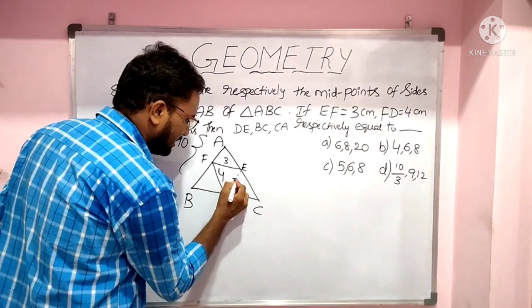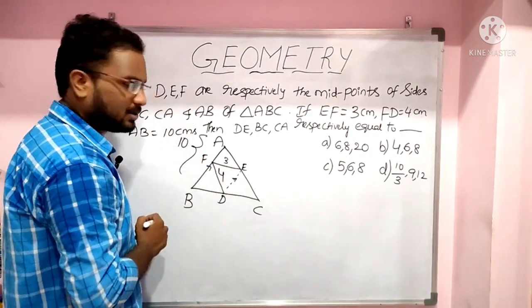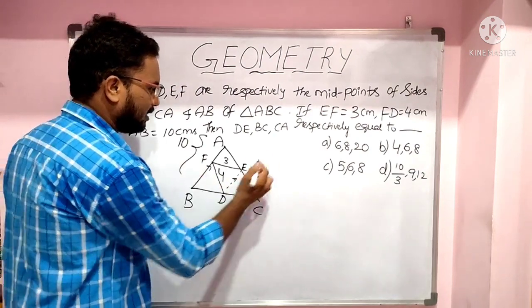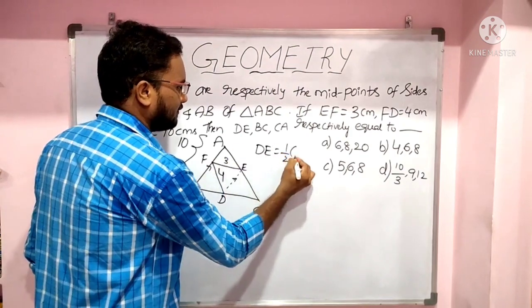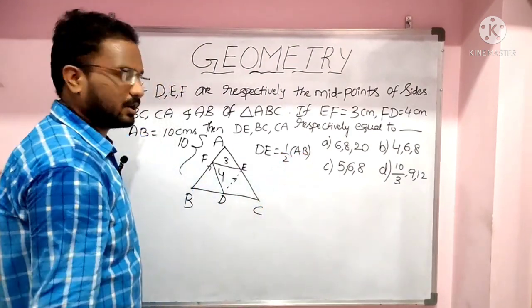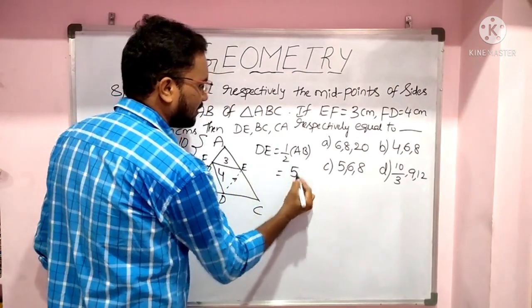That means DE is parallel to AB and the length of DE equals half of AB. Here AB length is 10, so DE length will be 10 by 2, which is 5.